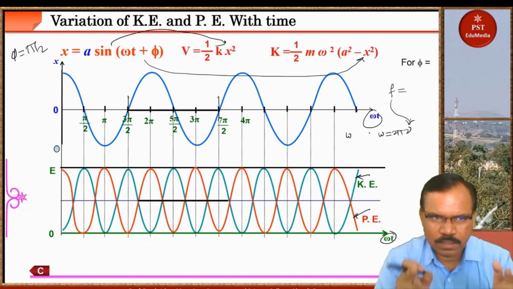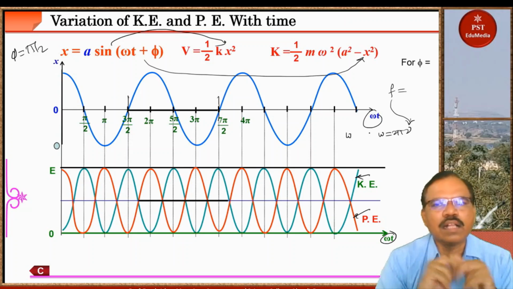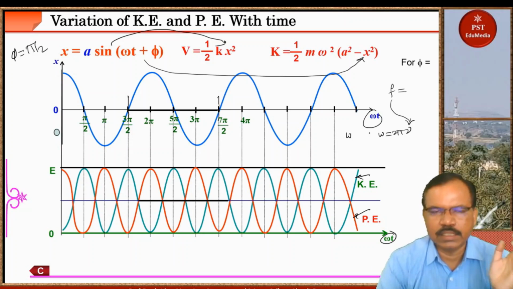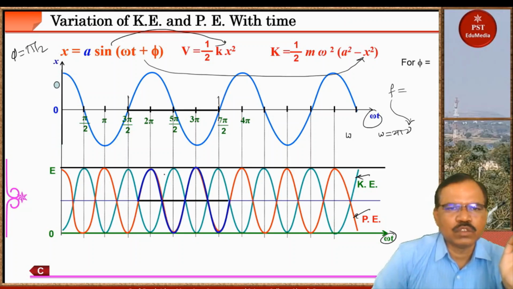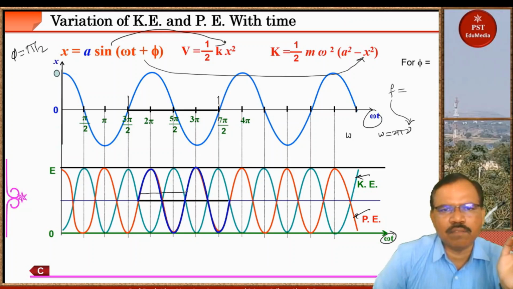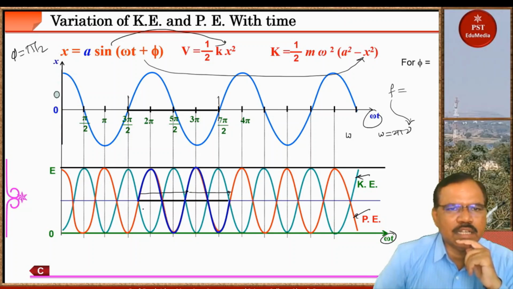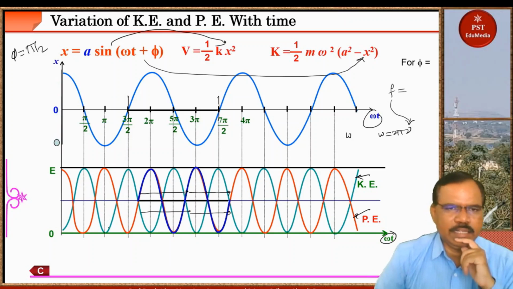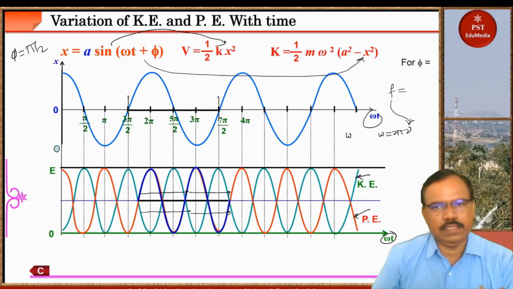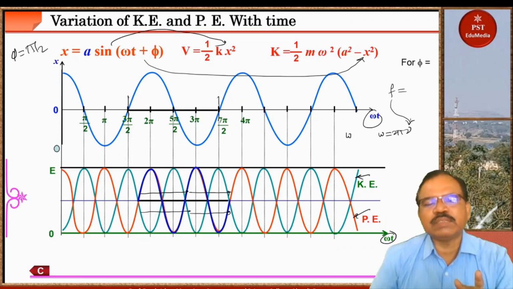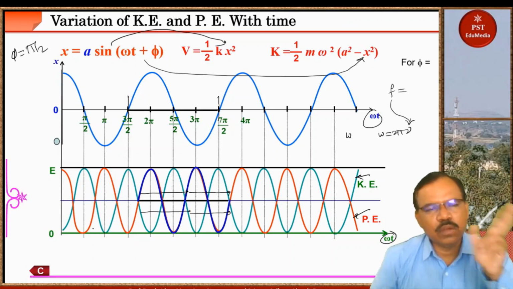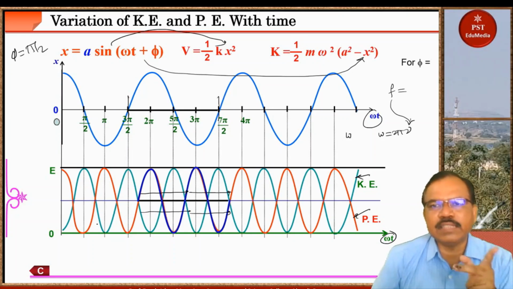So for one cycle of oscillation, if we compare this with kinetic energy and potential energy, you will observe how many cycles. Here the first cycle of potential energy and second cycle of potential energy, or first cycle of kinetic energy and second cycle of kinetic energy. So you will get two cycles.